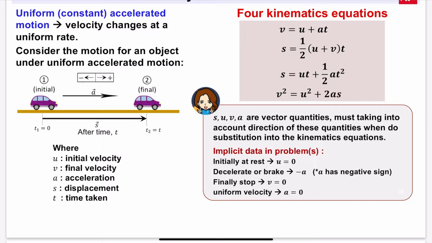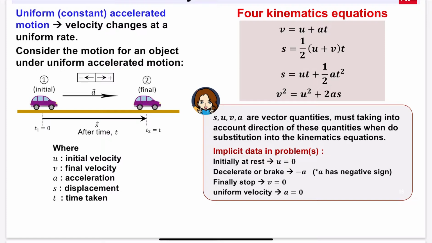So from the 5 physical quantities, 4 of them are vector quantities. Tadi madam kata SUVAT, right? So S, U, V, A are the vector quantities. It means that they have magnitude and direction.